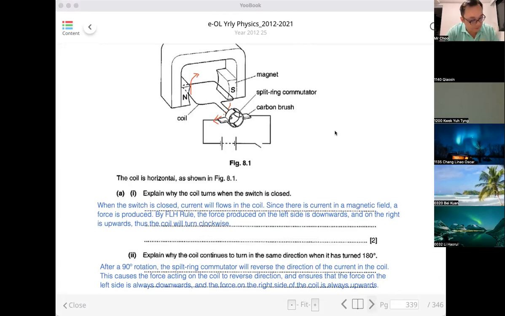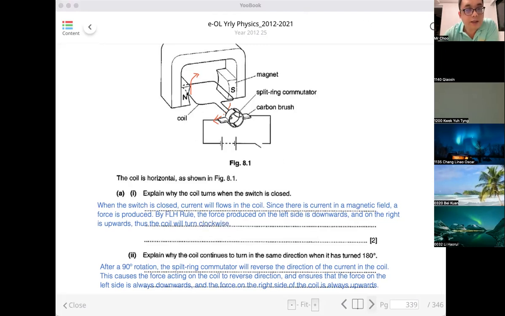Hey, hold on. Is the left side always downwards? Okay, I'm sorry. I made a mistake here.